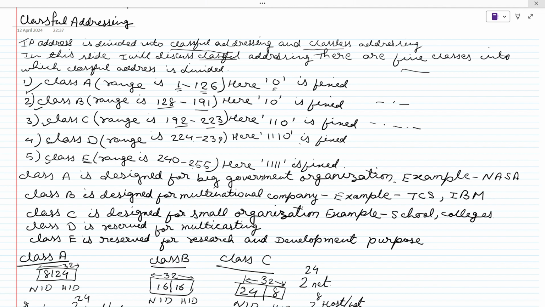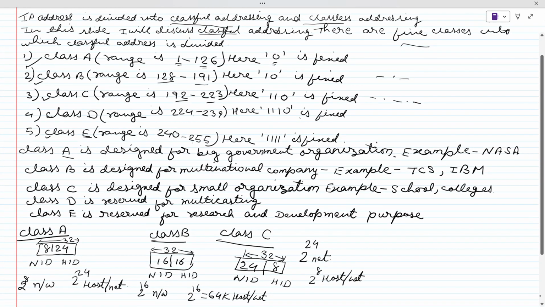So the use of these classes: class A is especially designed for big government organizations, for example NASA. Why is class A used for big organizations like NASA? Because in class A, network ID is 8 bits, so total networks are 2 to the power 8, means 256 networks, and hosts per network is 2 to the power 24.